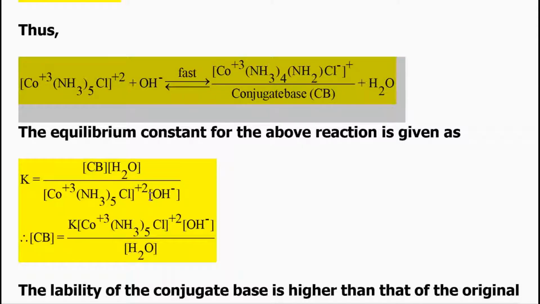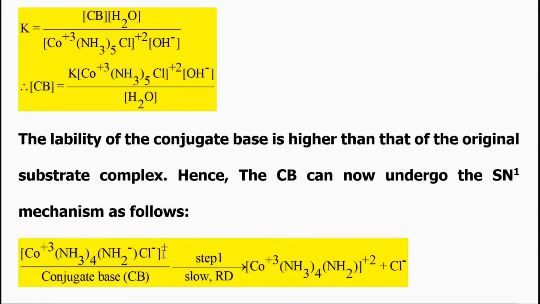The value of K is like this. Now if I reorganize this equation in terms of CB, then I will be able to say that concentration of CB is equal to K multiplied by the concentration of the substrate multiplied by concentration of OH- divided by concentration of H2O.